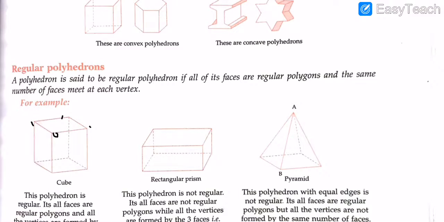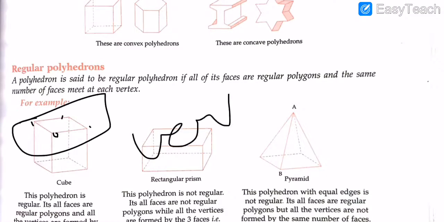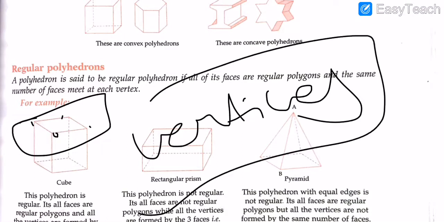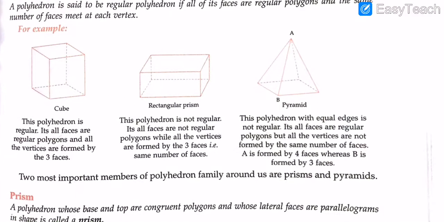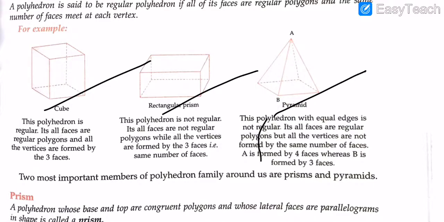But by geometry or mathematics language, forget edges. It is called a vertex. And two or more are called vertices. What is it called? Vertices. So some of them are cube, rectangular prism, pyramid. A polyhedron is regular if all its faces are regular polygons, and all the vertices are formed by three faces.